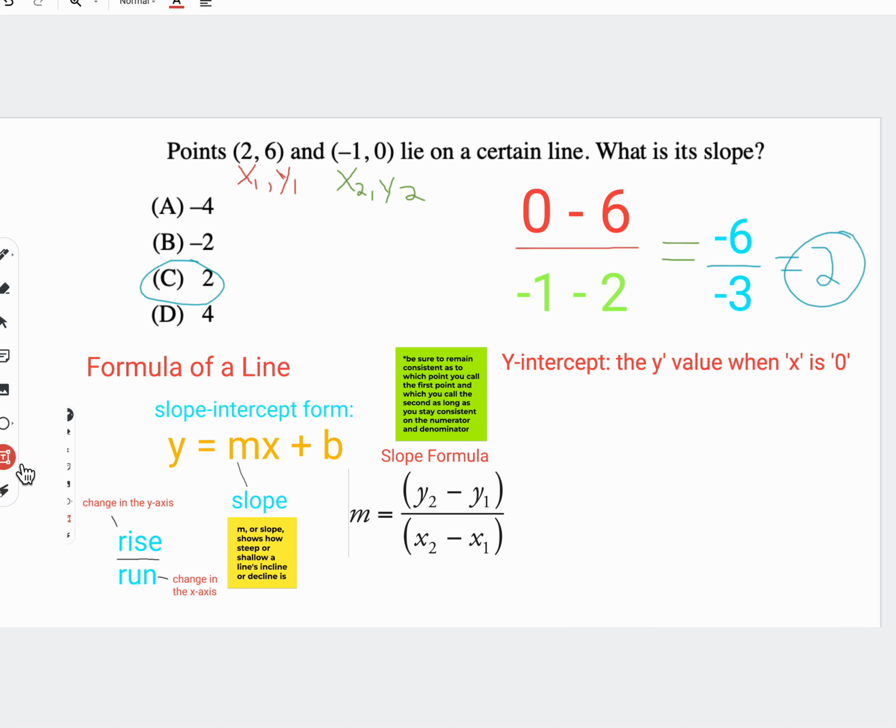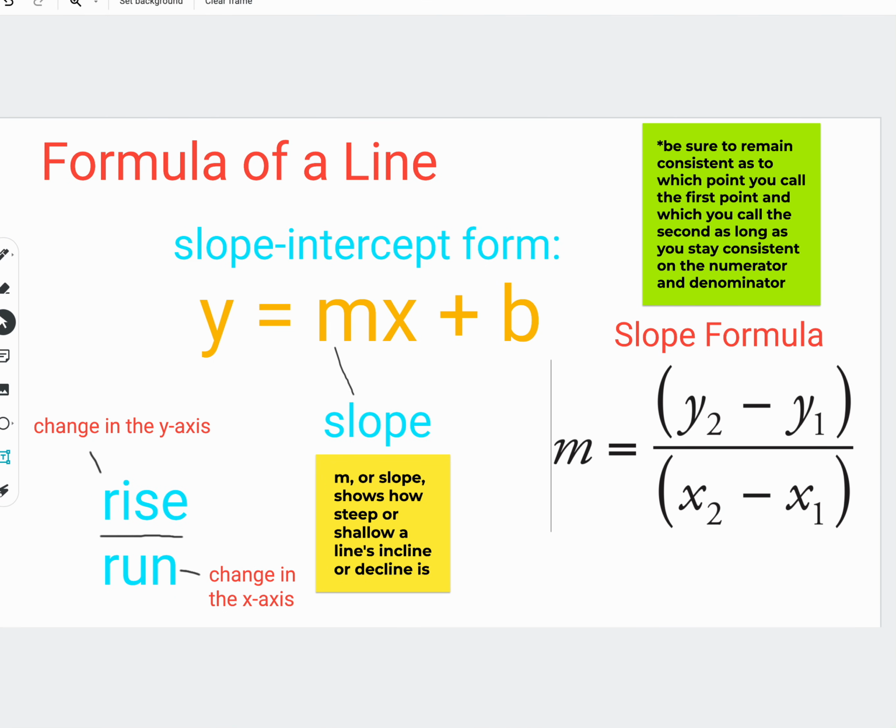So the formula should read y equals 2x plus b. If we'll remember, our slope-intercept form is y equals mx plus b.